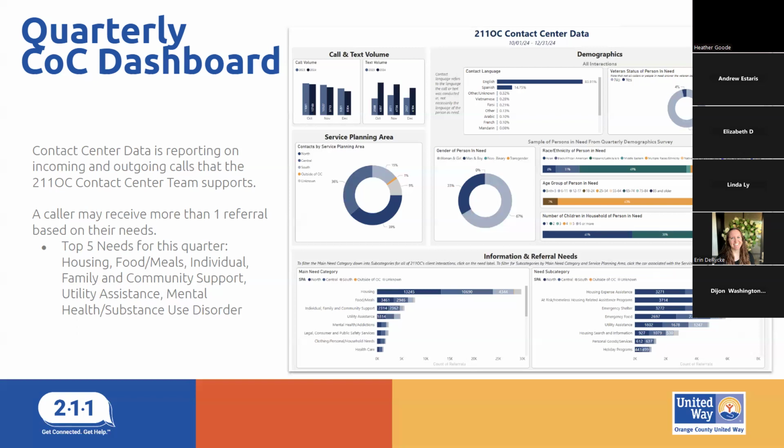At the bottom of the report, it's going to list the categories of the needs that come in. We see the top 5 needs for this quarter are housing, food and meals, individual, family, and community support, utility assistance, and mental health and substance use disorder needs. Next slide, please, Heather.